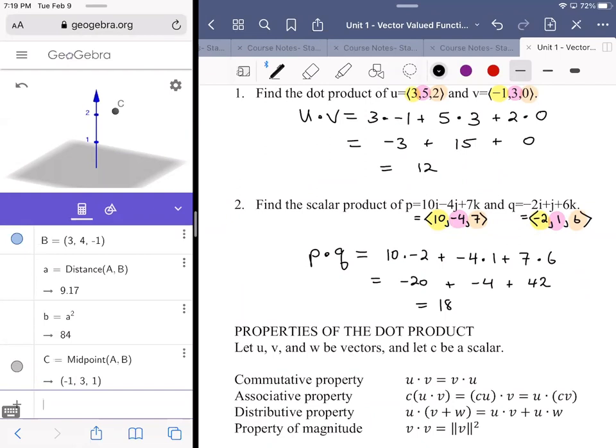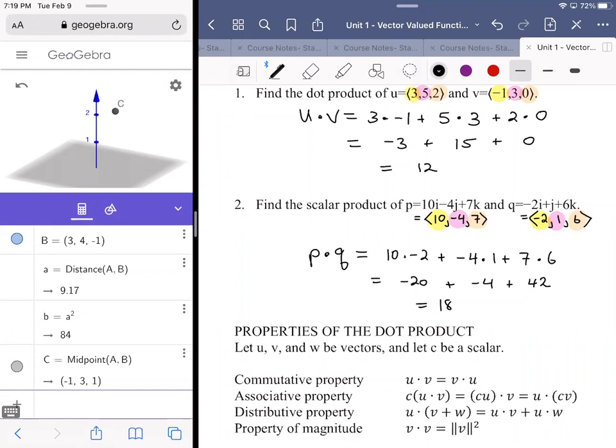Is that right? 22 minus 4, 18. So it's a scalar, and again, it's a scalar product that is the dot product in this case because we're multiplying two vectors with equivalent dimensions. But just because you see scalar product does not always mean dot product.